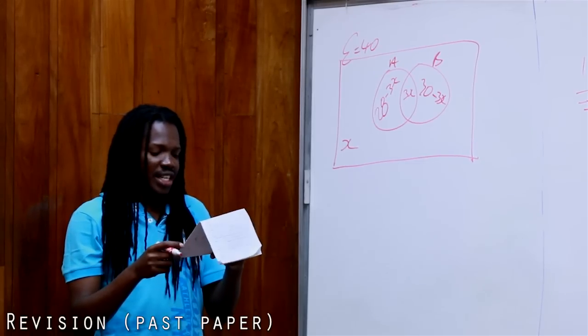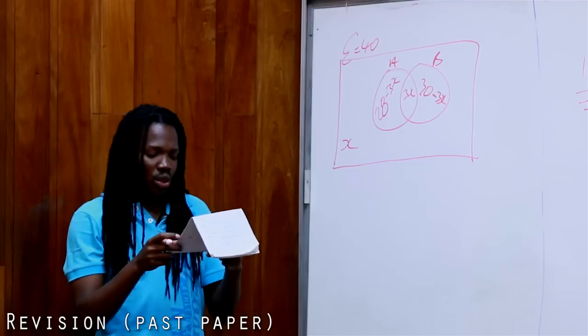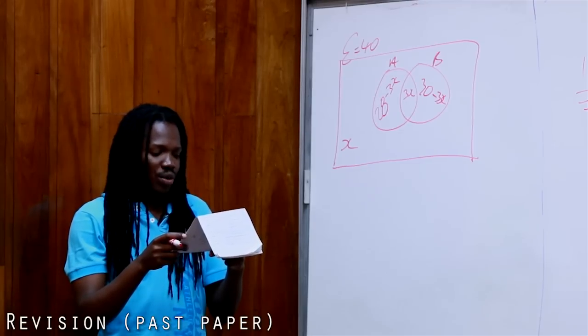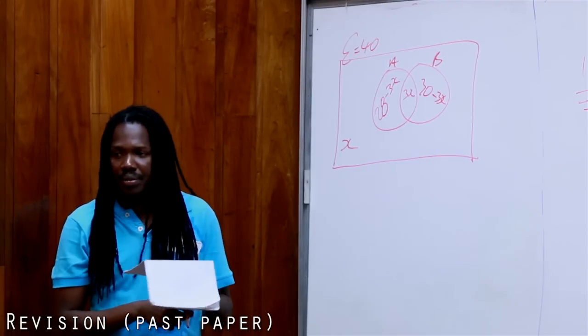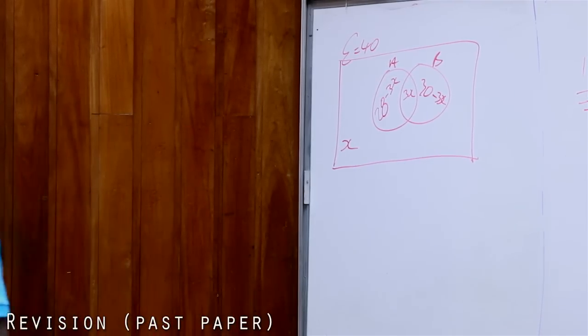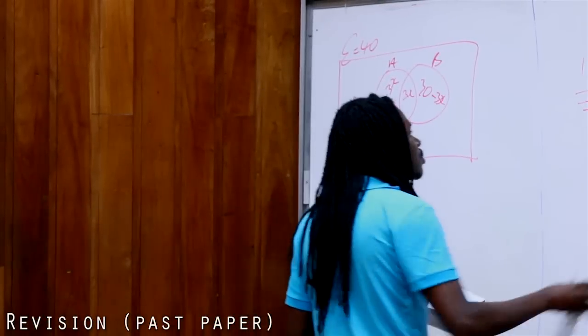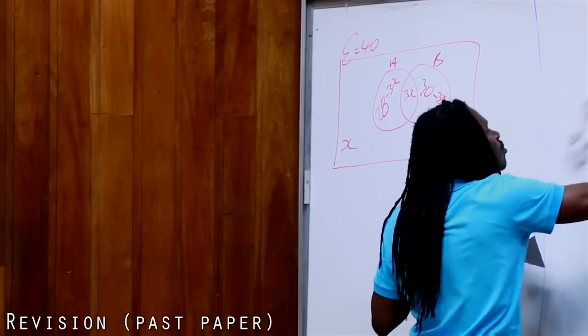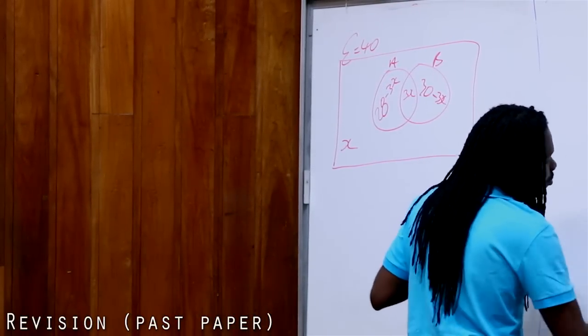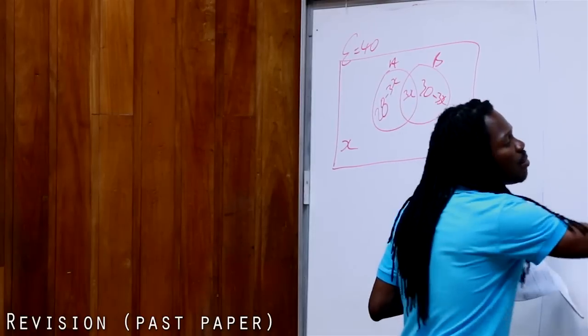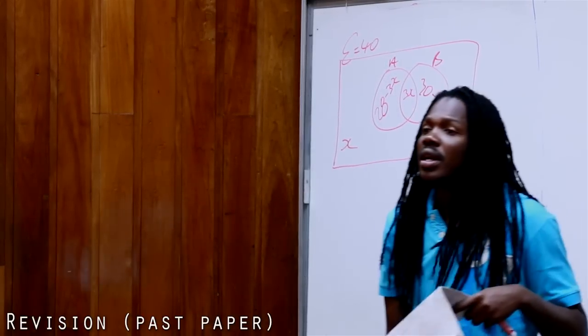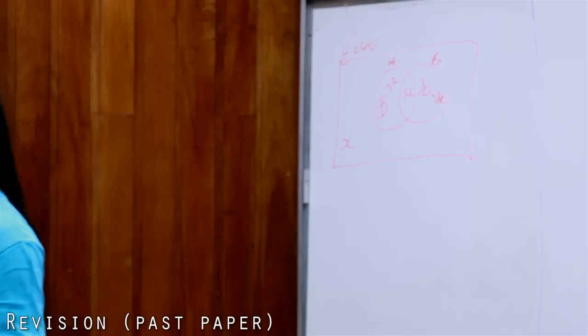Write an expression in x to represent the total number of tourists in the survey. The total number is what? It is the universal set.